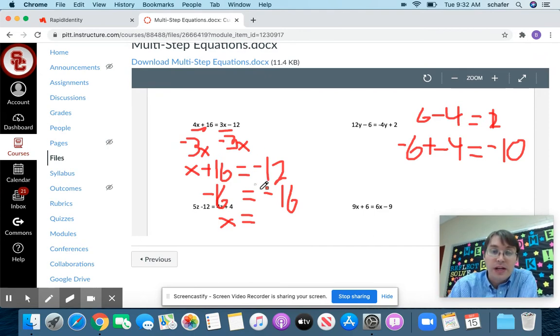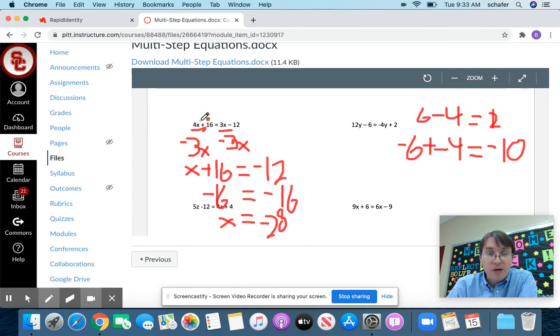And so, as strange as it may seem, I need to add these two negative numbers together. So looking at it quickly, I'm going to see that 2 plus 6 is going to equal 8. 1 plus 1 is going to equal 2, and it's negative. So x equals -28.